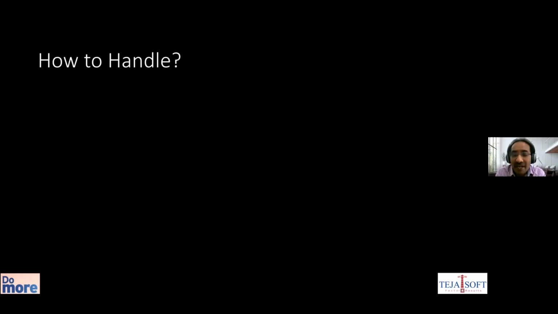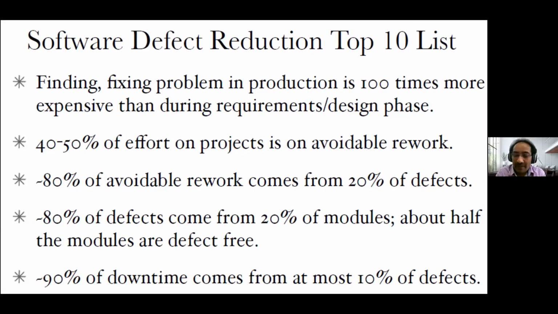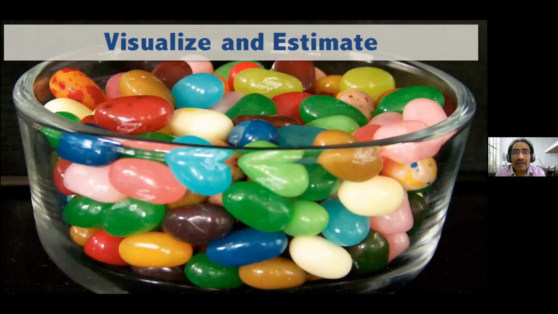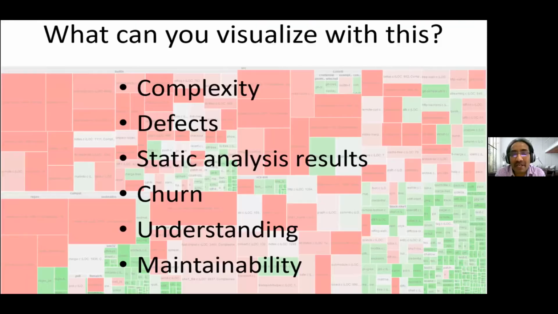So now let us see how we handle it. One of the ways, as I showed you, is to capture some of the insights. If you can visualize it, it is well and good. Otherwise, there are tools which can help you know the complexity, static code analysis results, and maintainability factors.